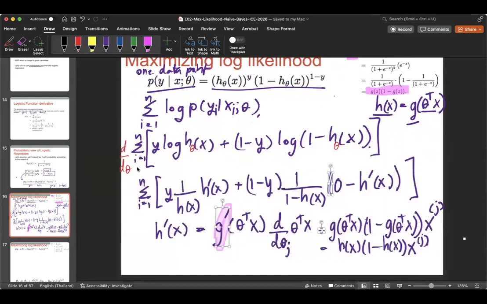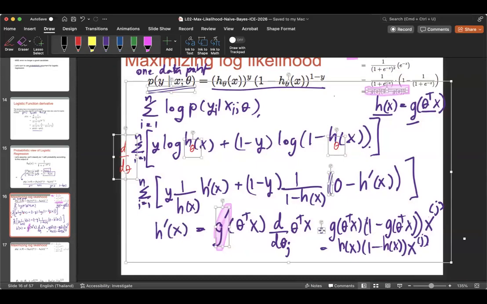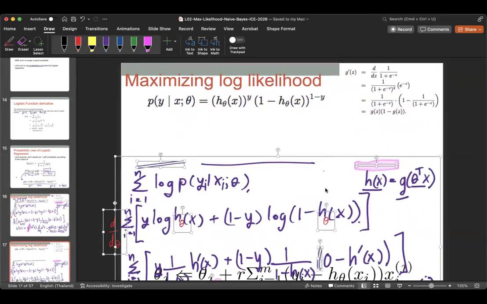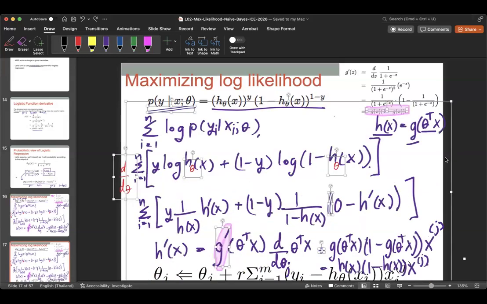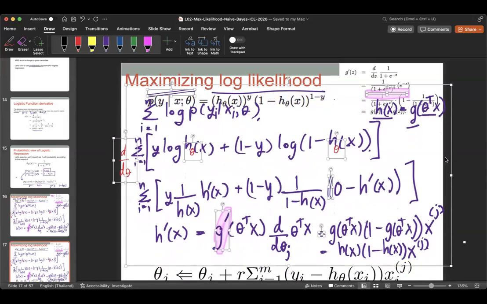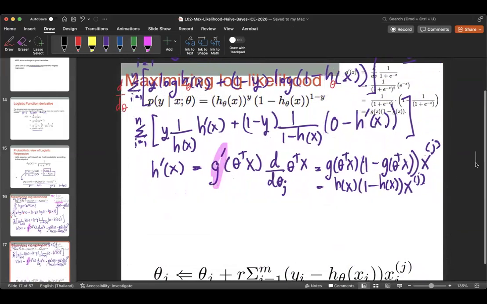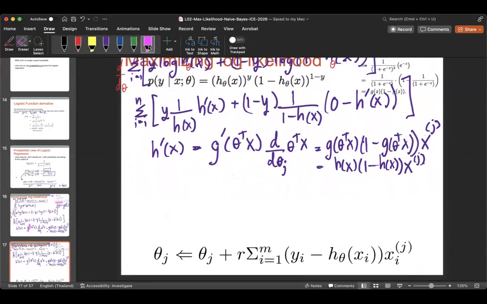Let me copy this to another page so that I can have more space. Okay, so let's plug this thing back in.